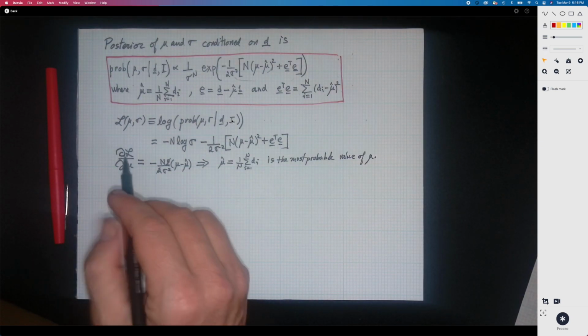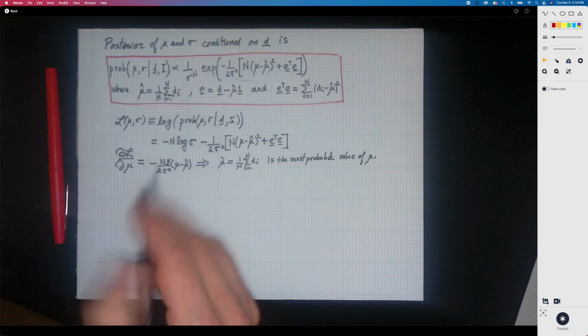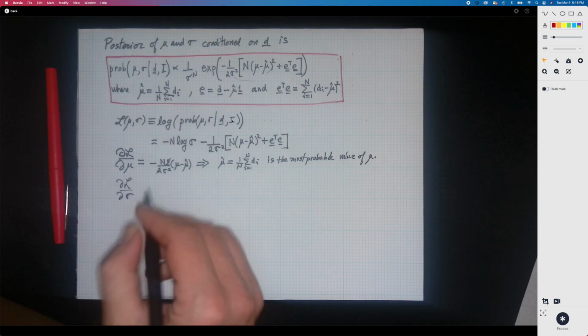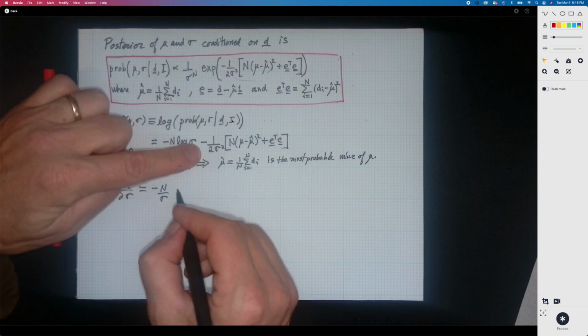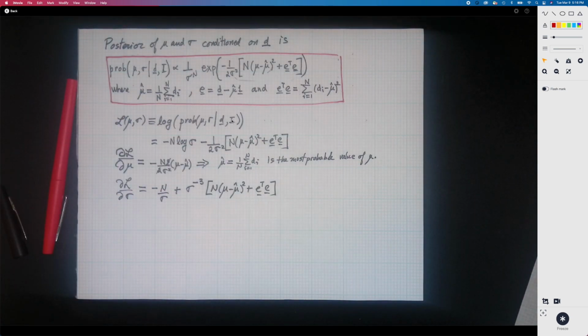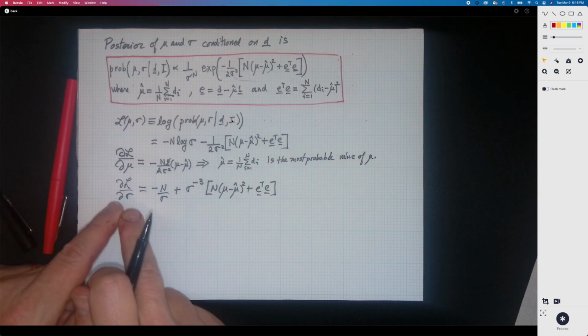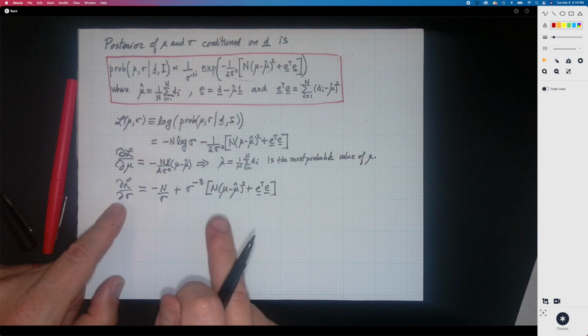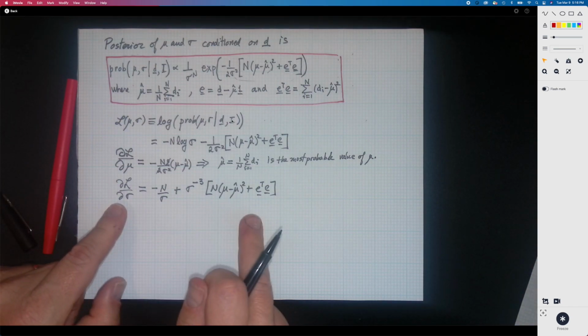Then I could take the partial derivative of L with respect to sigma and set it to 0. And if I want to find the max, I set the derivative of this to 0 at the maximum.